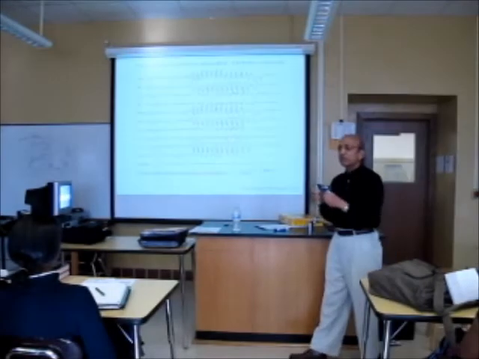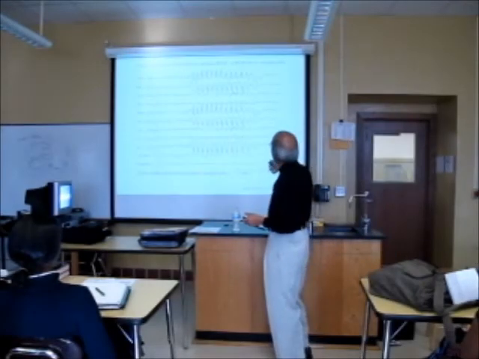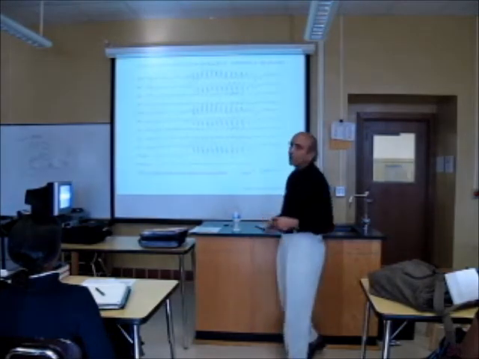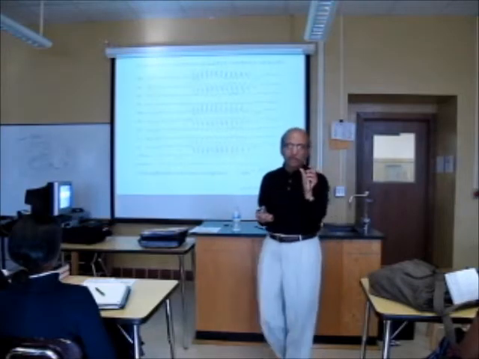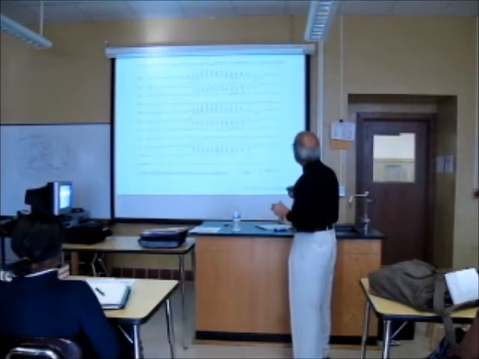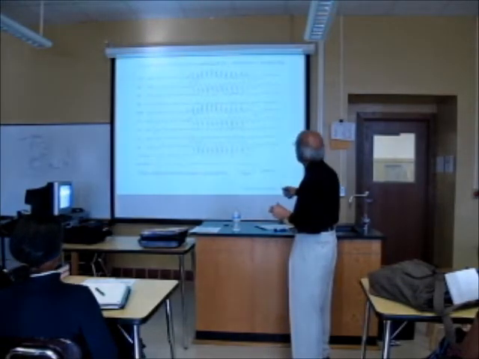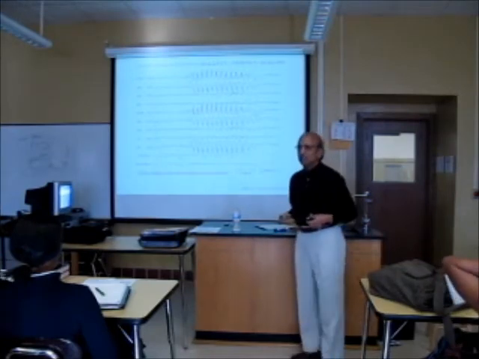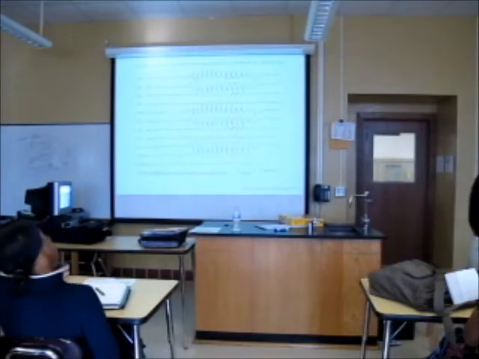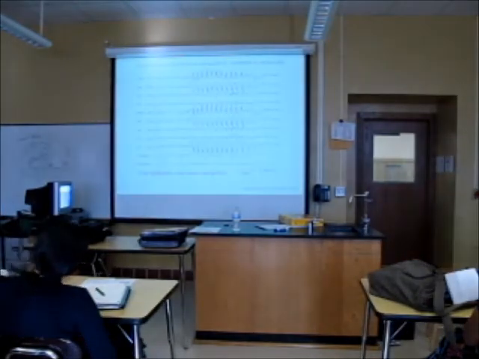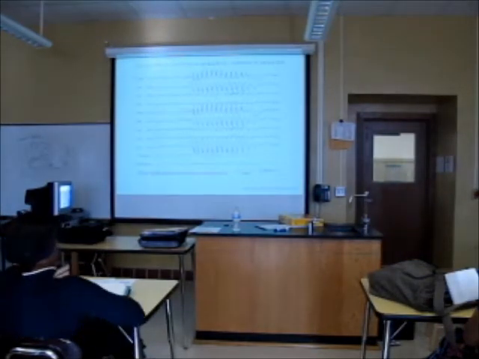And this activity, as you see, is being recorded from all areas of the brain. And it has a frequency of 3 per second. Each one of these, 1, 2, 3, that's a second. And this is a very classical picture of EEG abnormality that we see in patients with absence seizure.